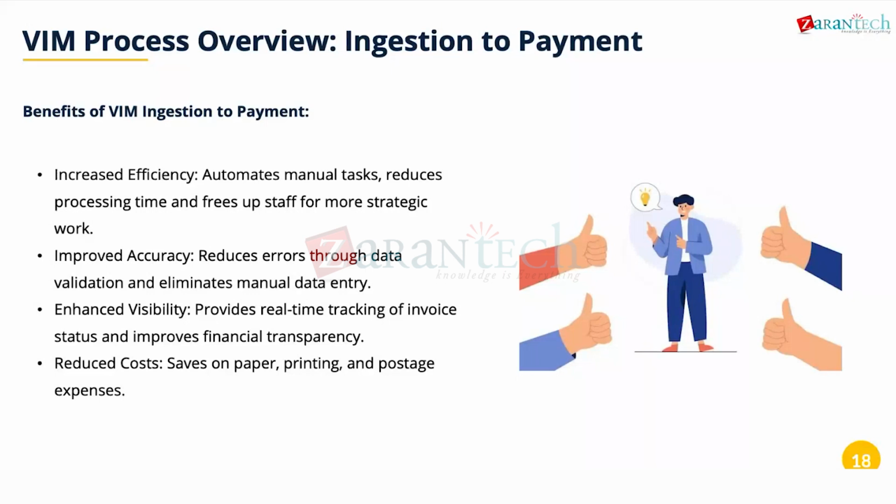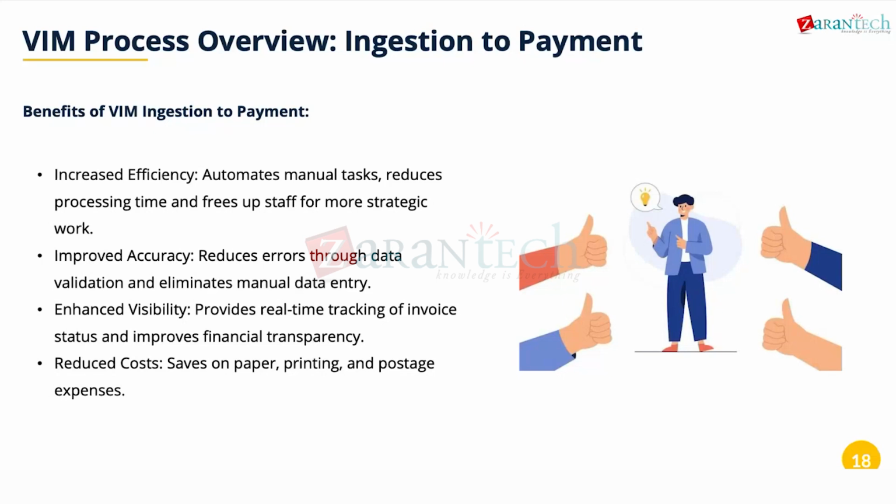Next, enhancing visibility. This provides real-time tracking of invoice status and improves financial transparency. Assume that an invoice came into your organization, the purchase order team has gone through its verification and then sent it to the accounts payable process team. Now, if the vendor wants to know the status of the payment, he will call up the purchase order team or his counterpart and ask for the status.